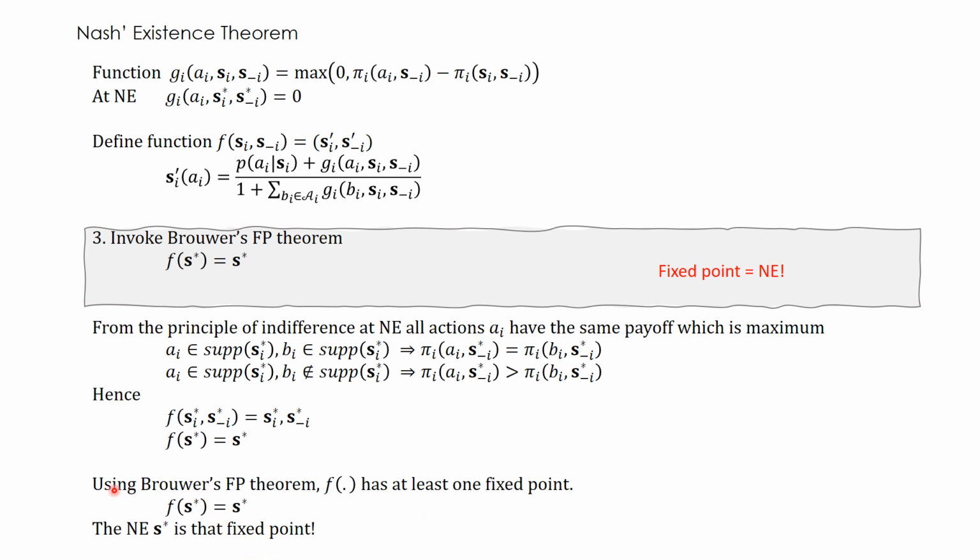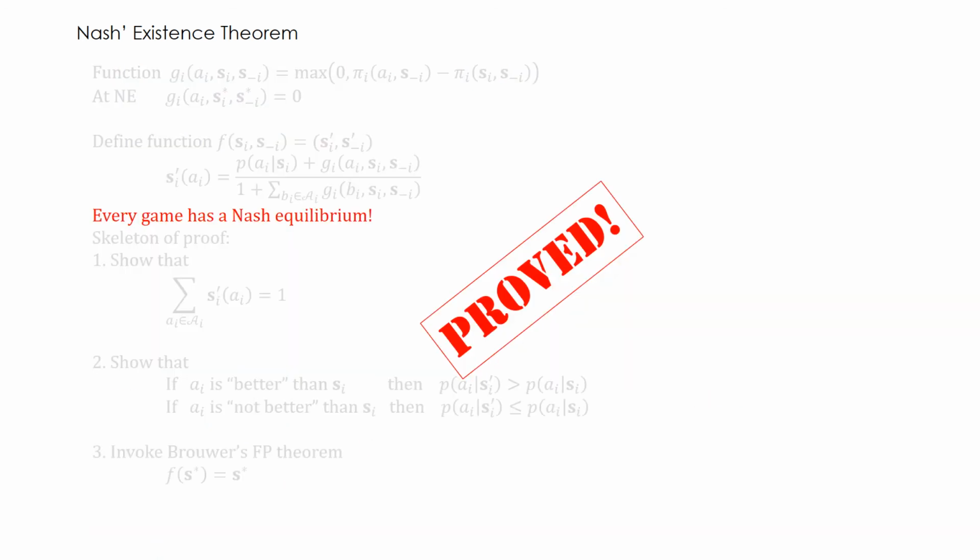Now, invoking Brouwer's fixed point theorem, we know that f has at least one fixed point such that f of S star equals S star. And this S star, the fixed point, is the Nash equilibrium of the game. In other words, we have just proved that every game has a Nash equilibrium.